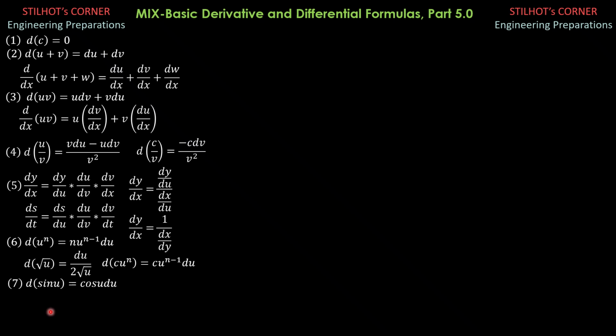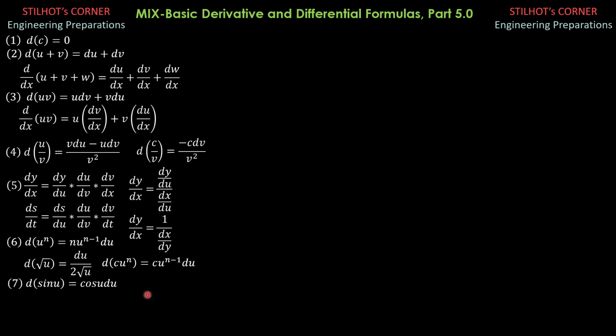You can look at the derivation of the differential of sine of u and cosine of u using limits from standard books, and I hope that you can memorize this also.